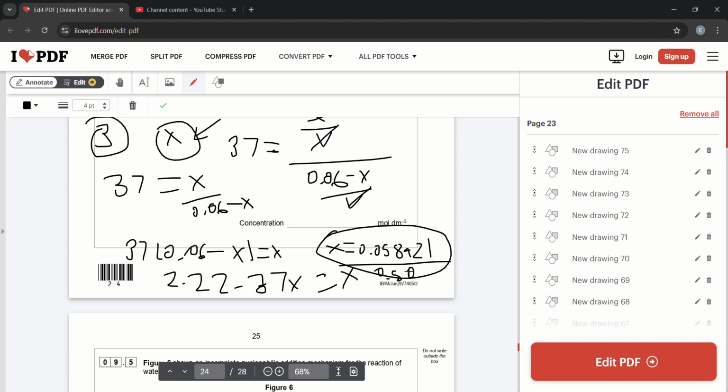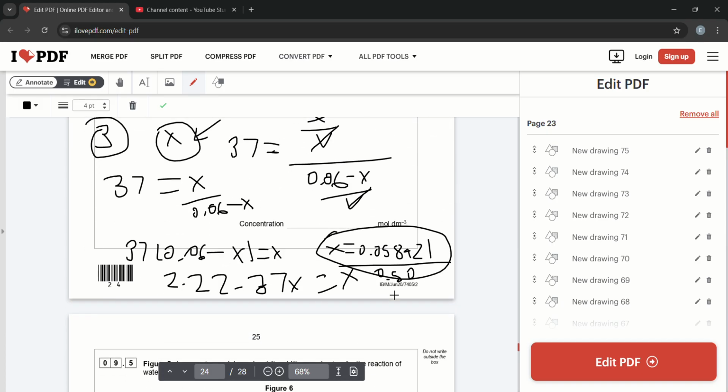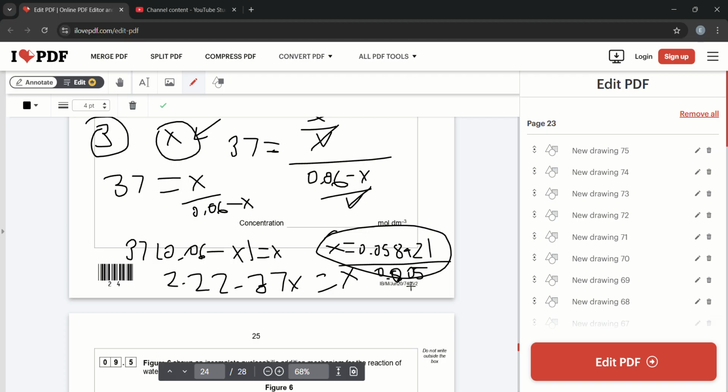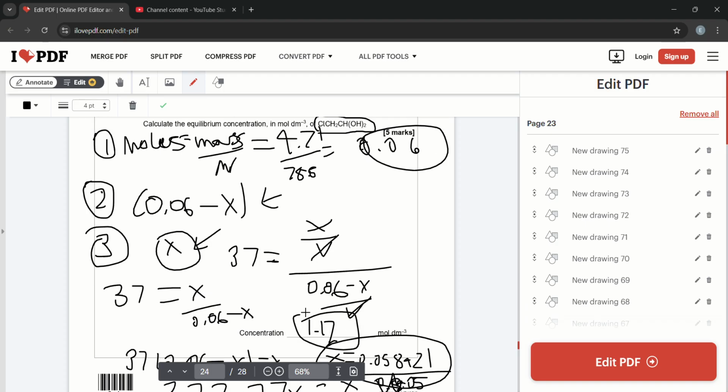That's where I got confused. 0.058421 divided by 0.050, and we get 1.17 moles per dm cubed.